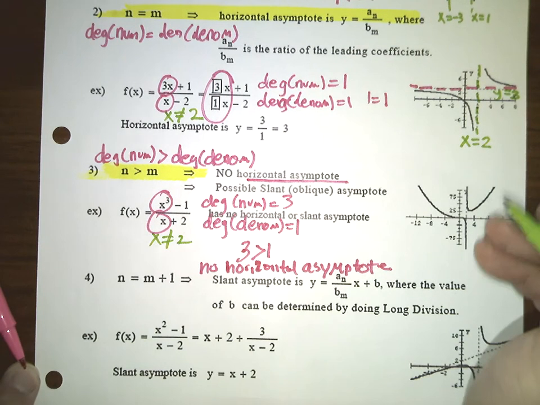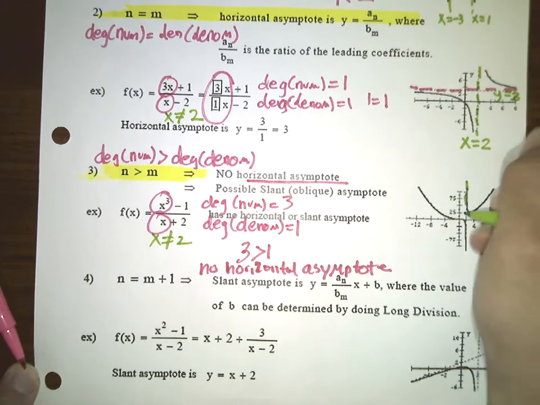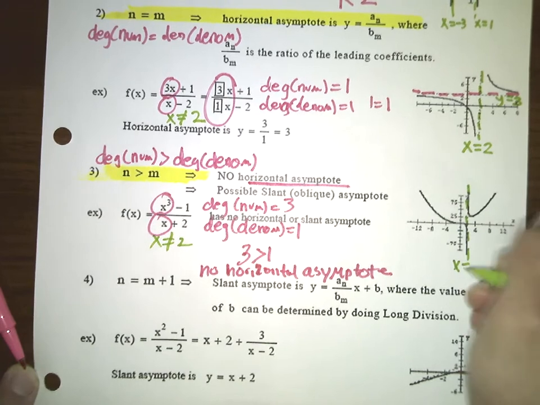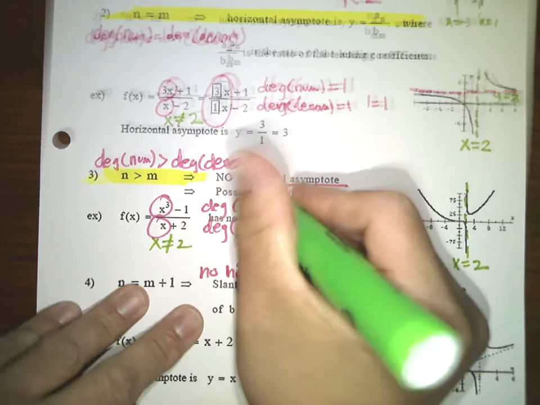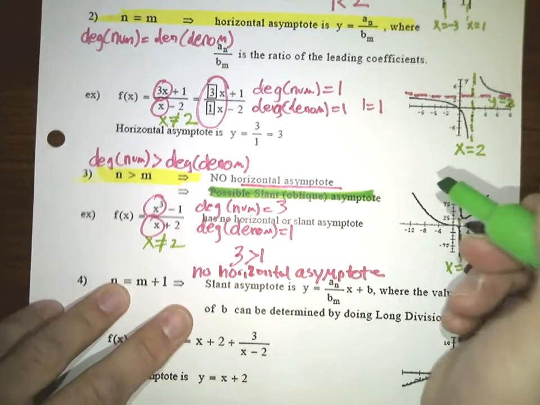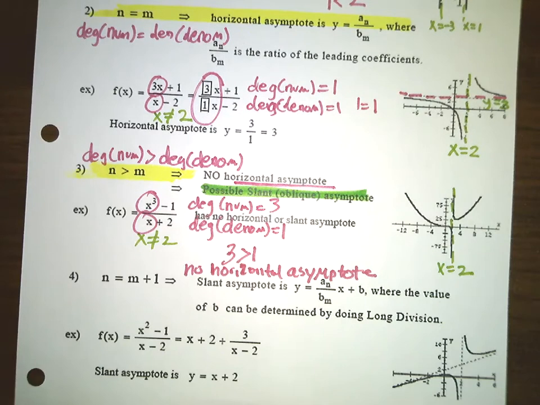All right, so now what you should also notice though is that the denominator x cannot equal 2. So there is a vertical asymptote at x equals 2. But then, if you see here, there could be a possible, and I will reiterate, a possible slant or oblique asymptote, but no horizontal asymptote.